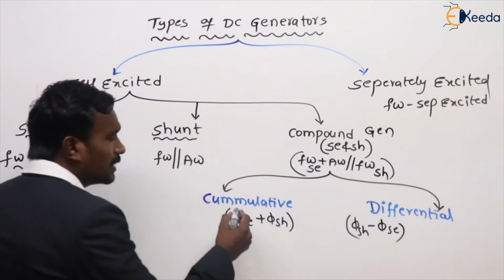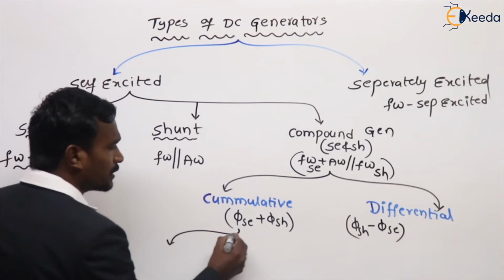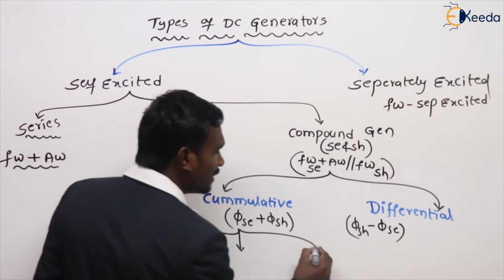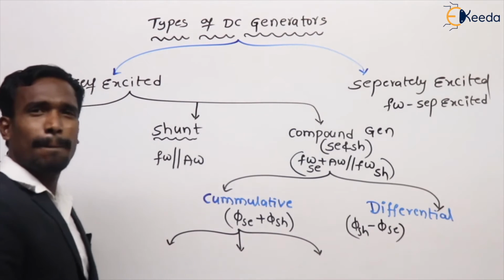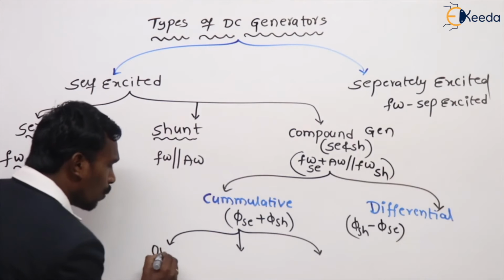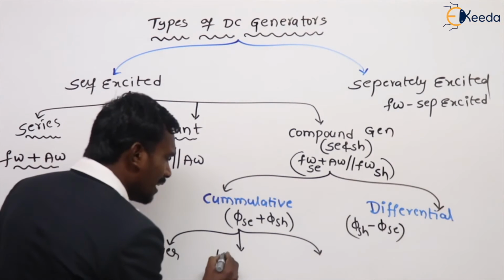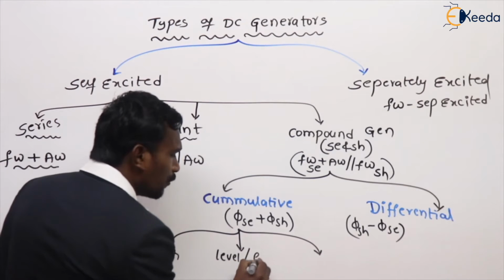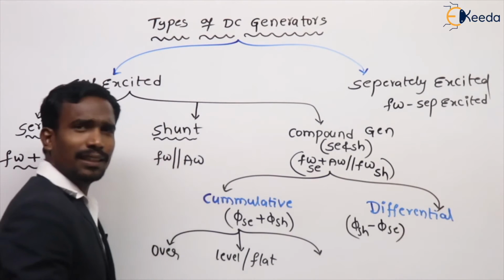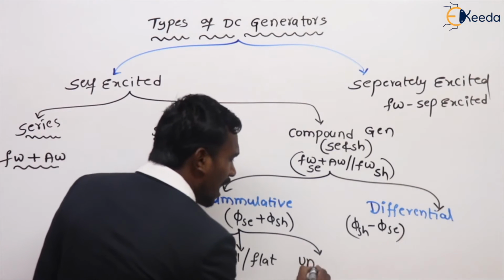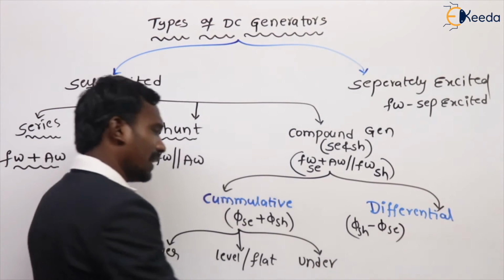And this cumulative compound generator again has three types. What are these? Over compound generator, level compound or flat compound generator, and under compound generator.